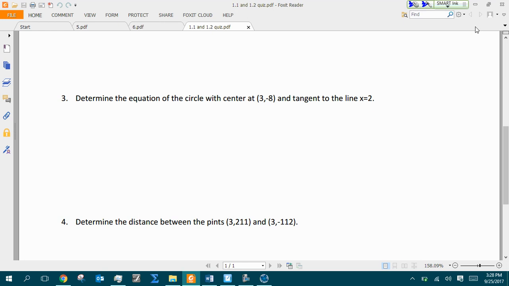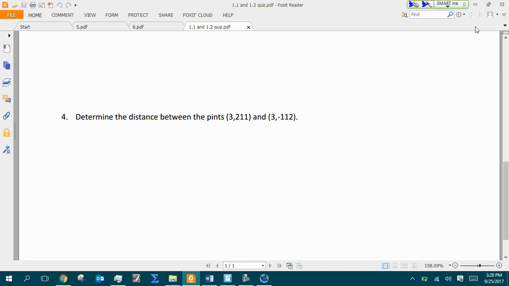And then the last one, I think people kind of over-analyze this, which is fine, but they took 3 minus 3 squared, and a lot of people got 6 here. Make sure we do our math right. 3 minus 3, plus then 211 minus negative 112, and I squared that, and that's fine.